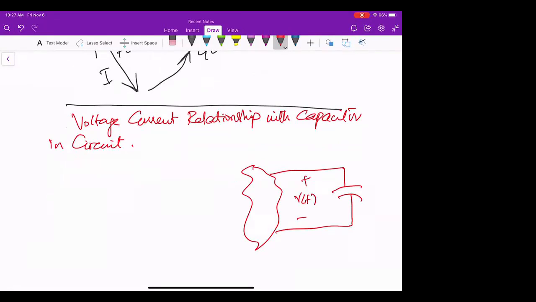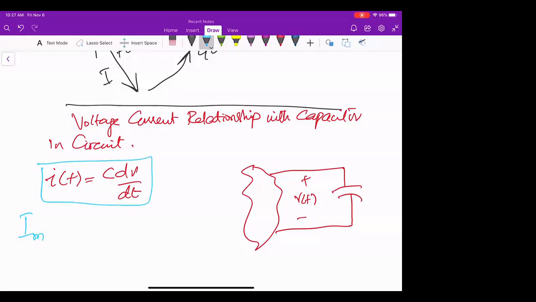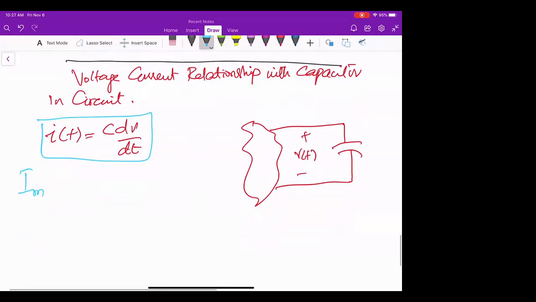And I know in the case of a capacitor, I of t is equal to C dV over dt. In this case, if I write it like that, it will become Im. So where these expressions for V of t and L di over dt come from, we will learn that afterwards. First we are doing the phasor thing, and then we will learn how these expressions across inductor and capacitor come. So Im, if I write it in terms of phasor, it will become like this.